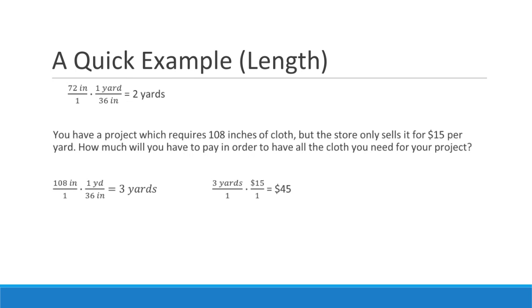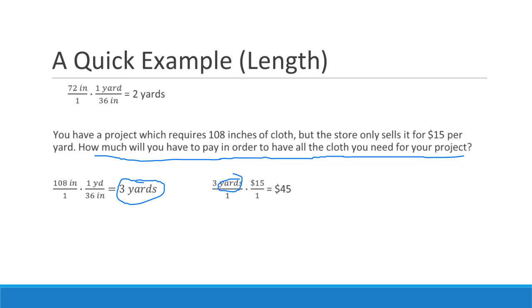It asks us, how much will you have to pay in order to have all the cloth you need for your project? So we need to take our original answer, right, 3 yards, and we're going to move it over, and that's now what we have, right?